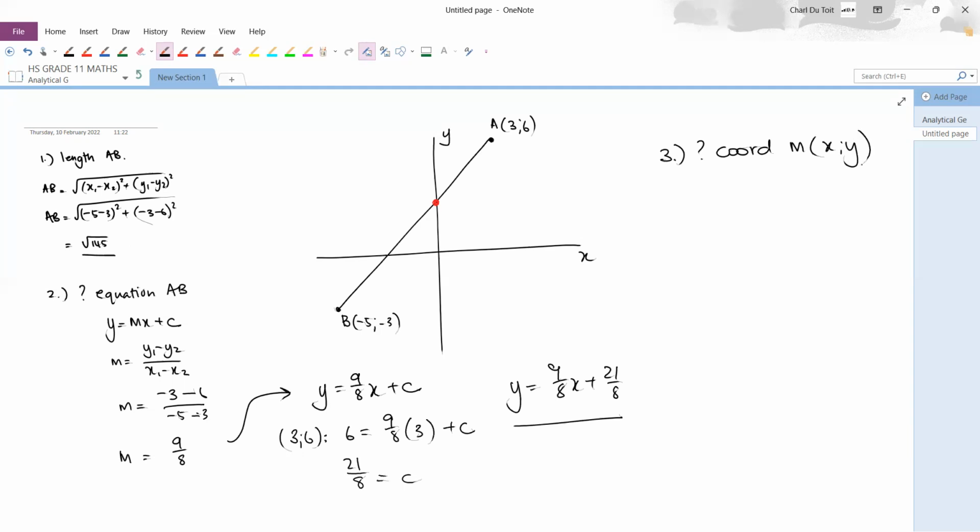What's the coordinates of the midpoint? And the formula is M is (x1 plus x2) over 2, (y1 plus y2) over 2. Okay, I know this is going to bore you. We are going to do something better soon.